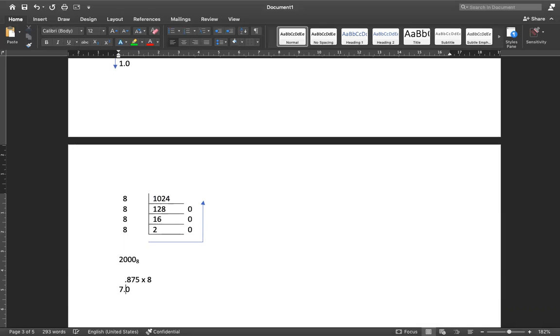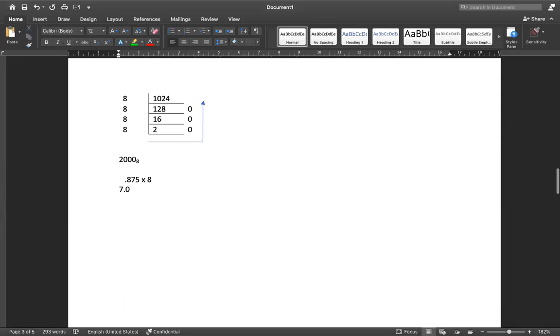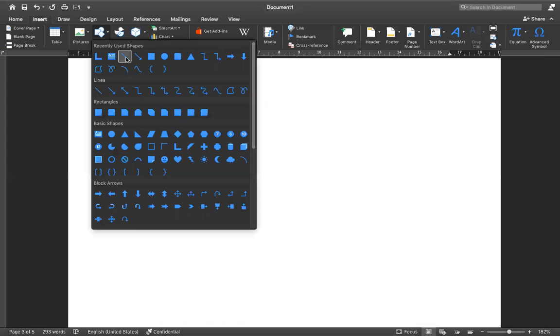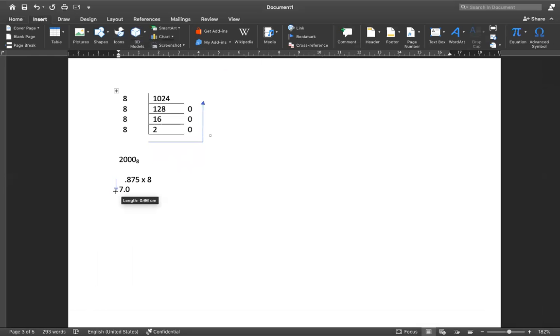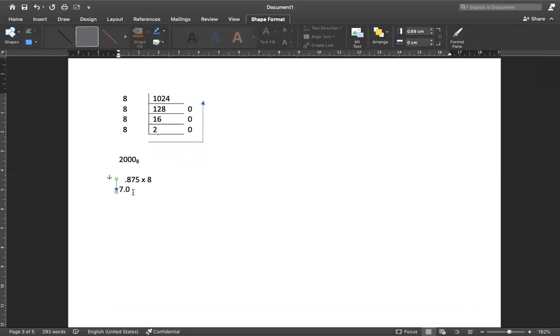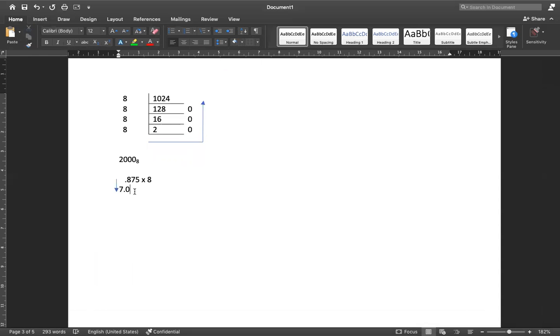Since this is 0, you stop at this level, because after that everything will be 0. You take from top to bottom. Now you have this 7 only. So what is the answer? 2000.7 is the answer. Understood?